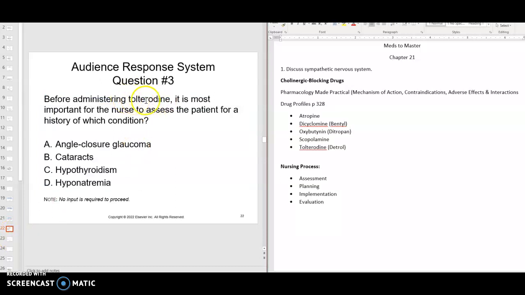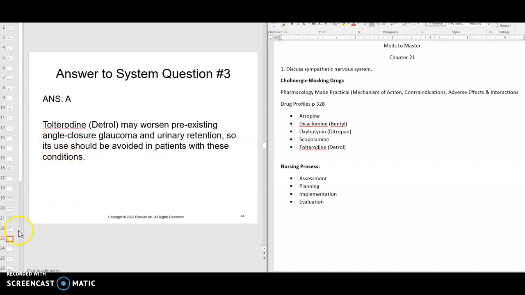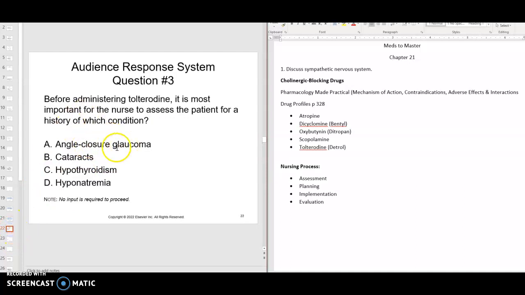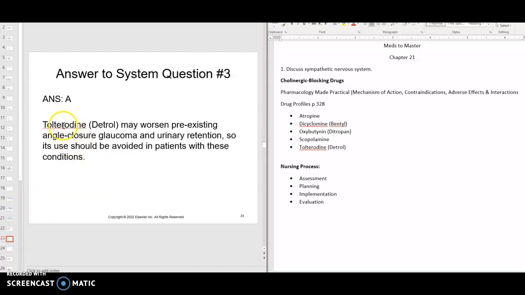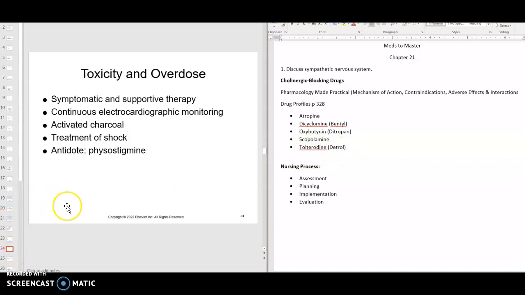Even if we don't know what this is, we know it's going to be an anticholinergic medication because that's what we're in. So what are we going to assess for prior to giving it? I think we mentioned this one, that narrow angle glaucoma is going to be my thing that we're watching for on that one. Detrol is actually one of our medications over here that we're talking about with our anticholinergic medications.